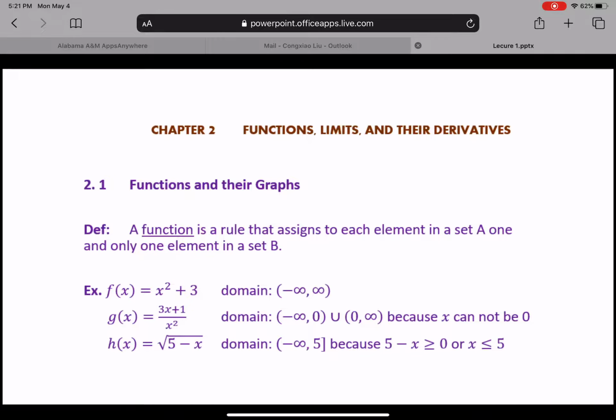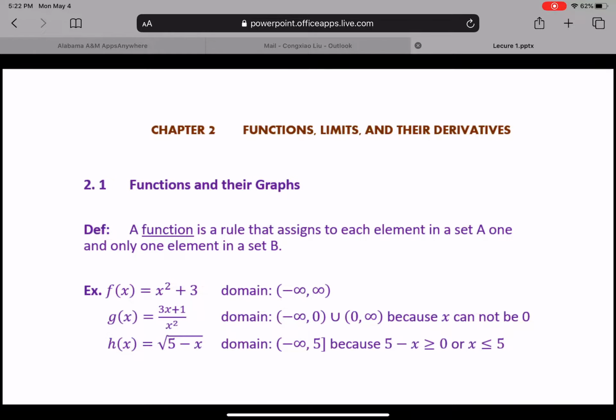And the next example is a rational function, g of x equals 3x plus 1 over x squared. In this example, what is the domain? First, we know there's a term in the denominator that gives us a restriction. Namely, we cannot take 0 for x, because you cannot divide any number by 0.